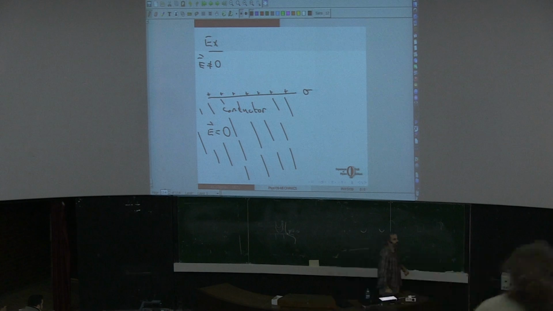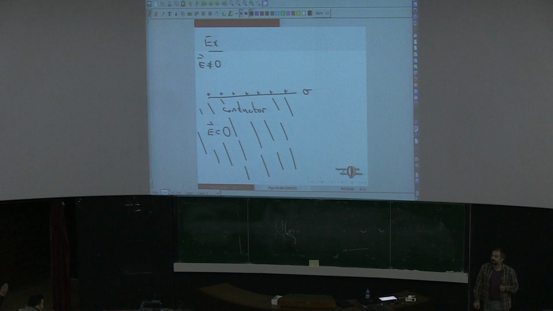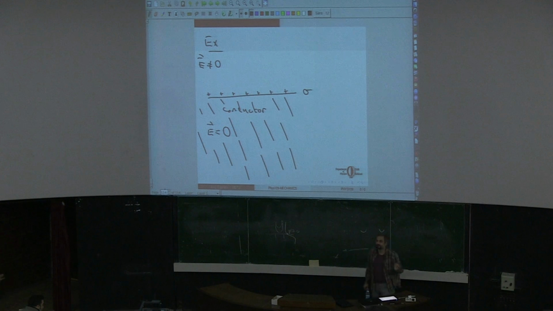But what can you say about the magnitude, the direction, etc.? It is pointing upward. Why? Why not in this direction or in that direction? Okay, so it can start perpendicular and then curve.